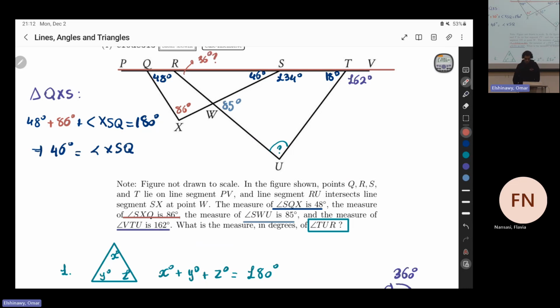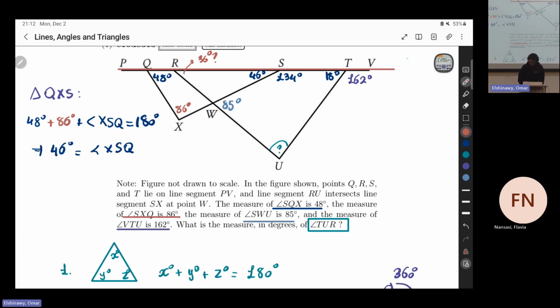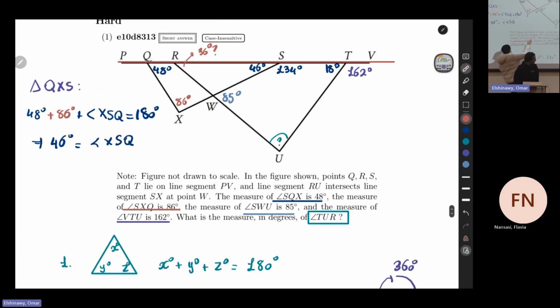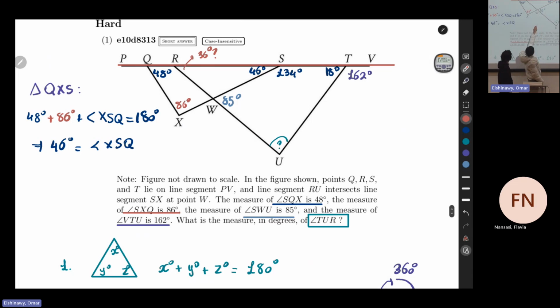But why? You could, yes, the sum of this angle with the other side is 180.